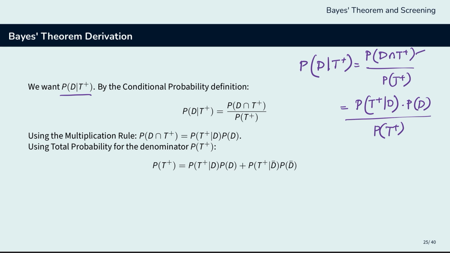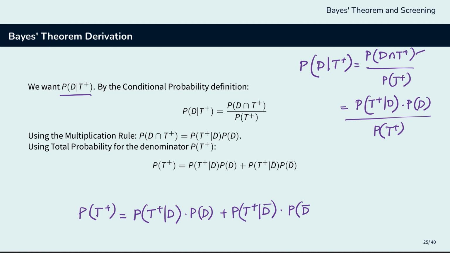Now, the probability of T+ is the total probability of all the people that have a positive test. This is the probability of testing positive when the disease is present times the probability of the disease, plus the probability of testing positive without having the disease times the total probability of not having the disease.